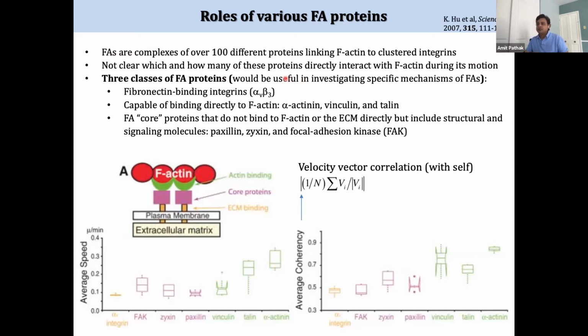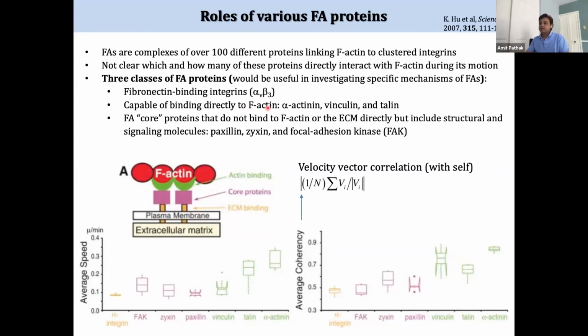Some are ECM binding proteins. They're closest to the ECM. So integrins, different subtypes of integrins, bind to different proteins. This alpha V beta 3, this is a fibronectin binding one. For collagen 1, collagen 4, different types of collagen, there will be different receptors. So those are the ECM binding focal adhesion proteins. Second is actin binding. If there are no proteins that attach this focal adhesion to the interior of the cell, then all of this will fall apart.